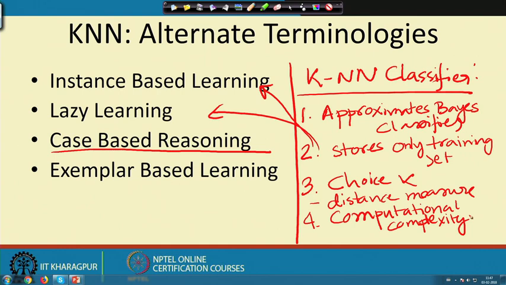I will give you some exercises where you will pose it as a nearest neighbor problem and define distances and other things, but it is a very powerful classification algorithm.